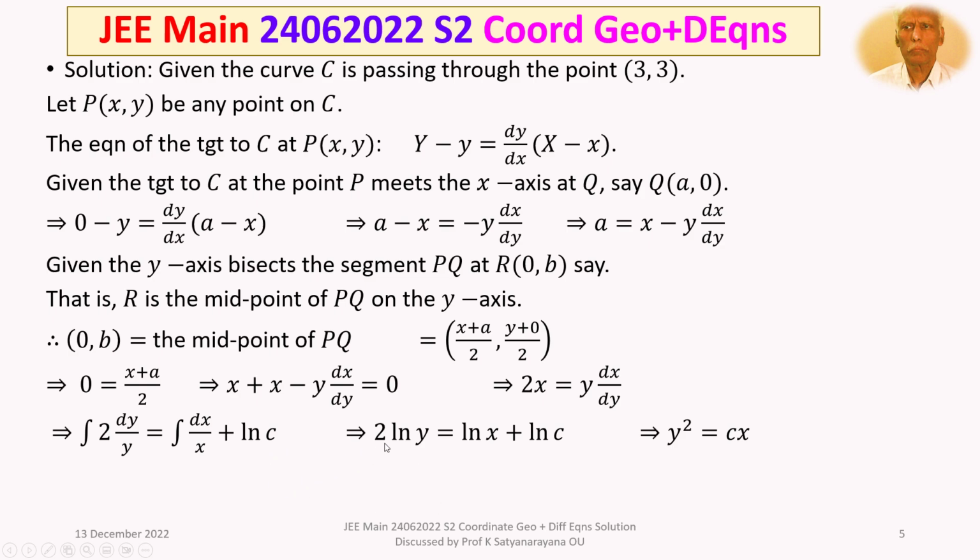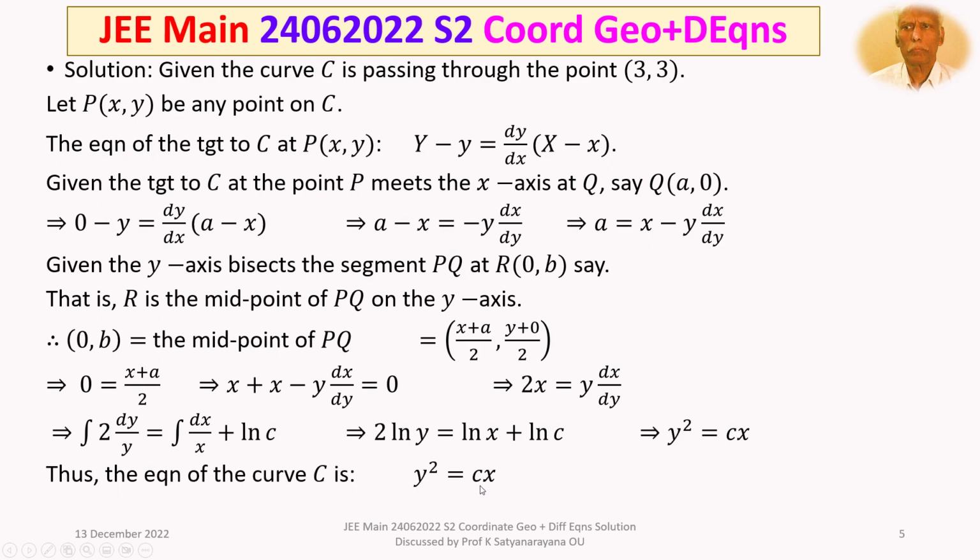On integration, we get 2 log y is equal to log x plus log c. This gives y square is equal to cx. Thus we got the equation of the curve, but we have an arbitrary constant. This will be evaluated by the initial condition, that the curve is passing through (3, 3).